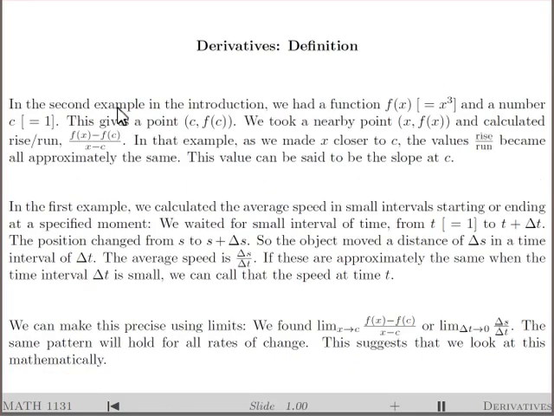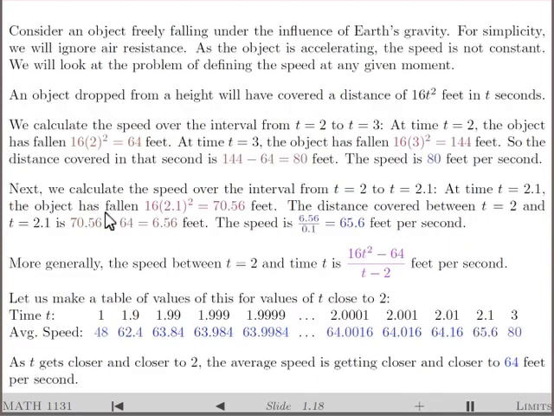There was another situation where we had the same thing. This was the very first example where we tried to define the speed of a falling object. We looked at the distance traveled, defined as change in position divided by change in time.